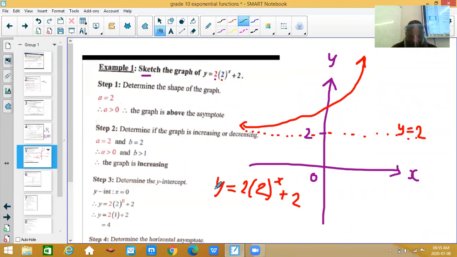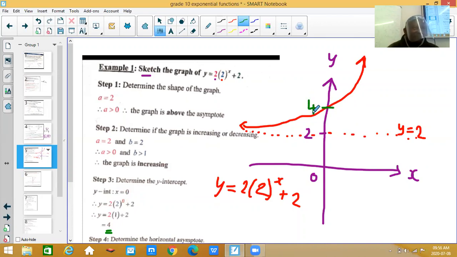Now, y = 2 × 2^0 + 2. Any number raised to the power 0 gives us 1. Now 1 times 2 is 2, plus 2 is 4. So this graph will cut the y-axis at 4.